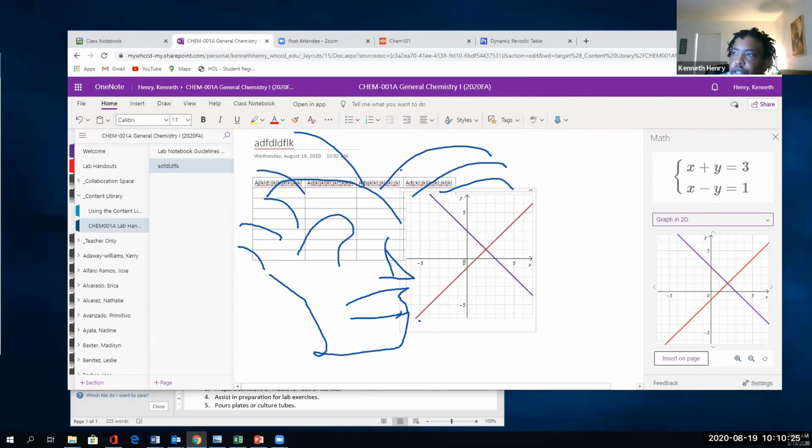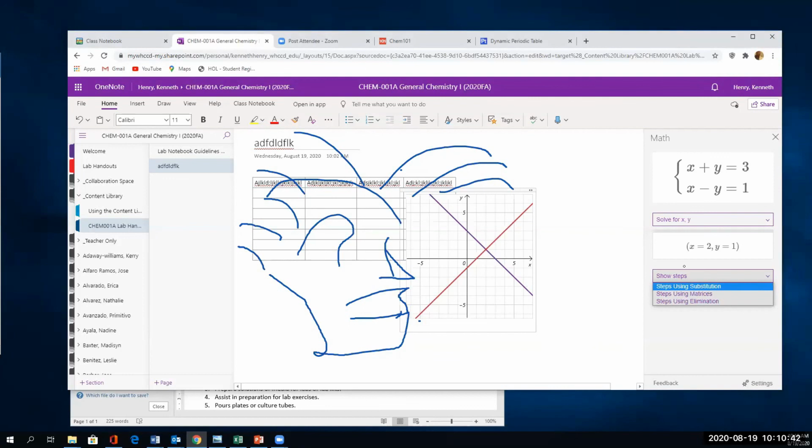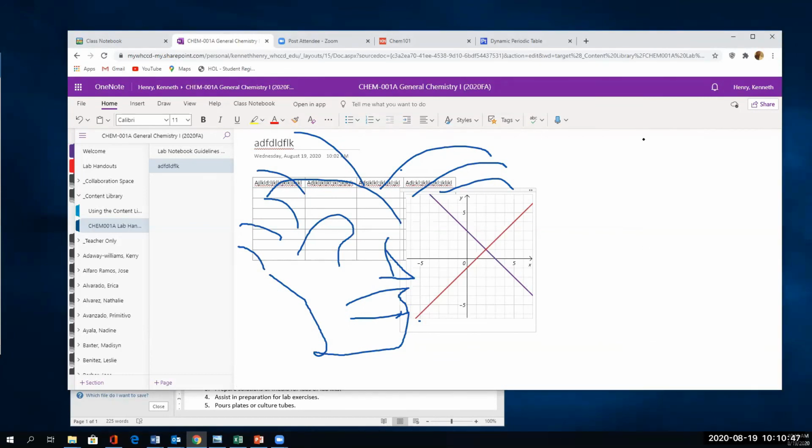So then it'll put the equation, or in this case, the graph that I was showing. Okay. Any other questions?